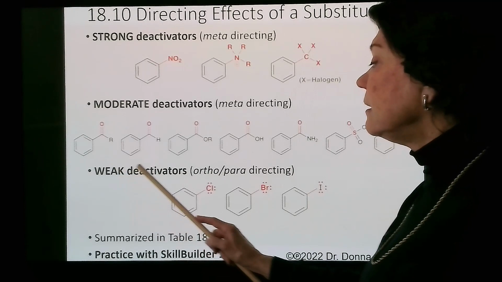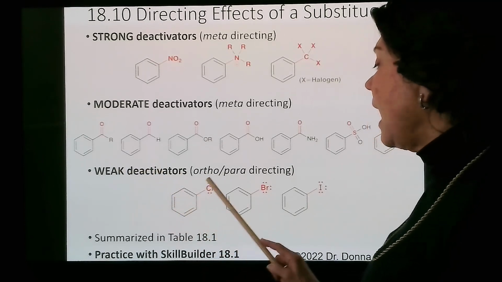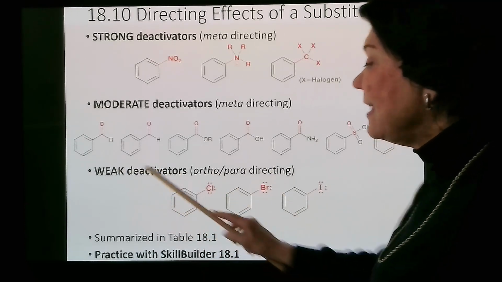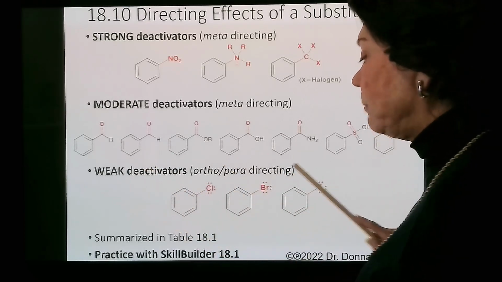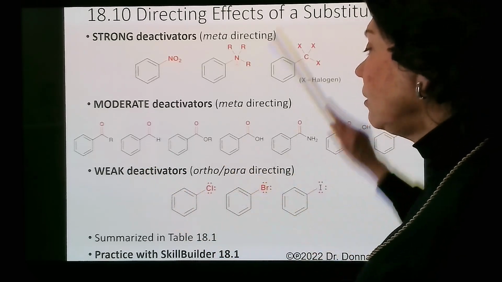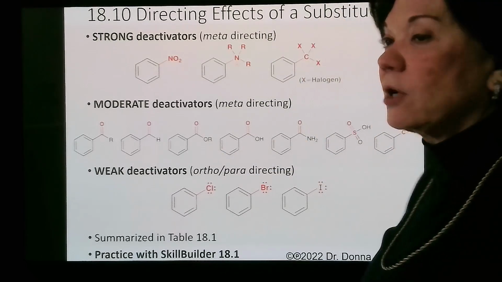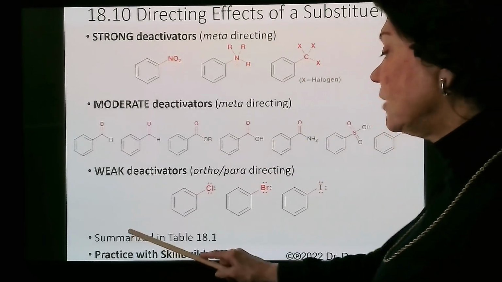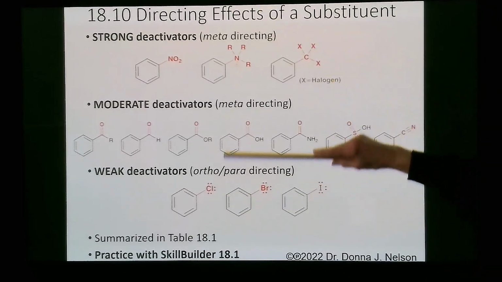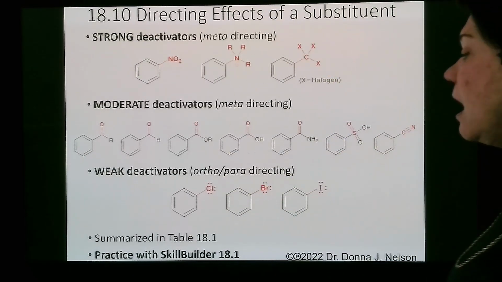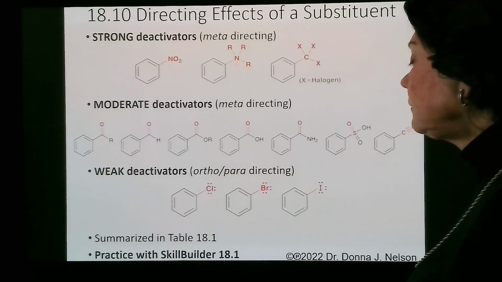Now, weak deactivators and ortho-para directing. This is the group that is the exception. All of this, plus what was on the previous slide, is summarized in table 18.1 in your book. This essentially is the bottom half of that table.